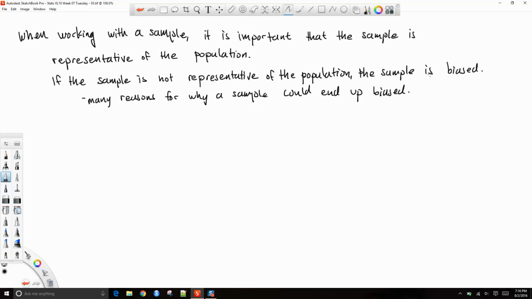Now, one method that should give you a representative sample, it's not guaranteed, but it should, is simple random sampling, okay?